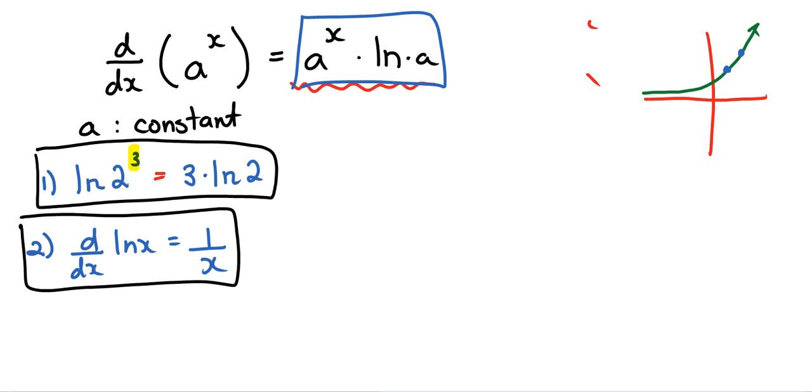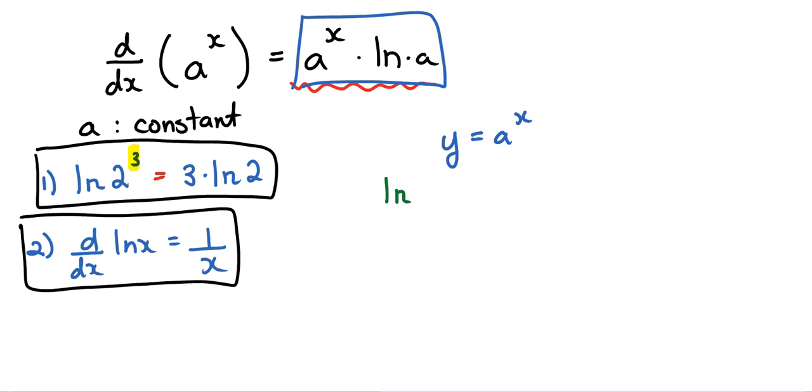Okay, so I'm going to delete this now, and let's get on with the proof here. Let's just start off by saying that y equals a to the x. Now what I'm going to do next is take ln of each side. If I apply ln to each side, I haven't mathematically changed my expression, so I can do that.